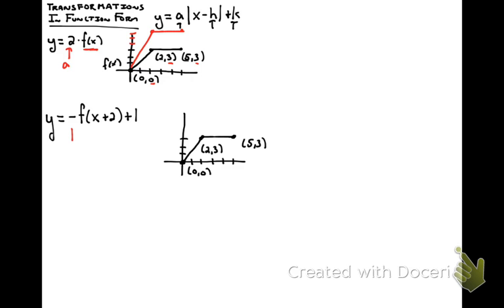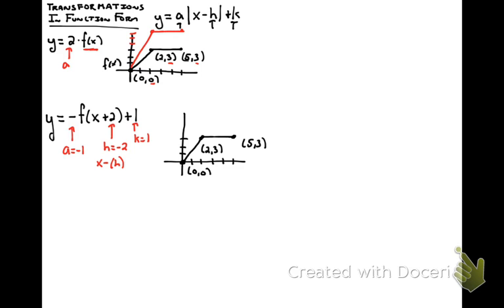Now the negative has to do with a, right? It's being multiplied by the entire function. In this case, a is negative 1. The plus 2 has to do with h, right? In this case, h is negative 2, because, remember, the form is x minus whatever h is. And the 1 has to do with k. In this case, k is 1.